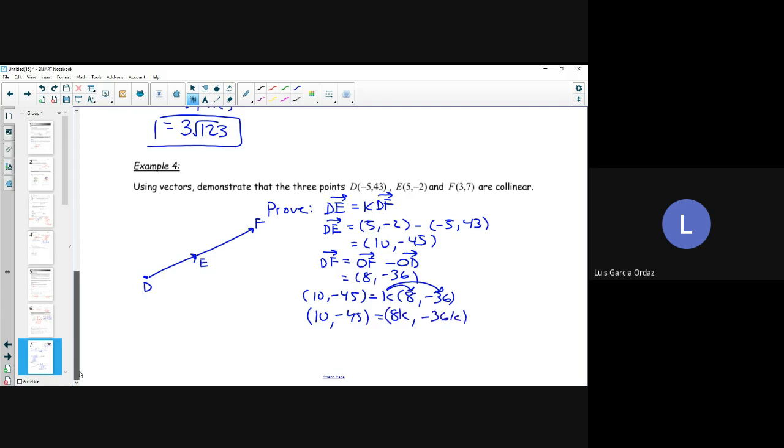So now what we're going to do is take each one as is. I'm going to do 10 is equal to 8k. If I simplify that, I get k is equal to 5 over 4. Now, in order for this to actually determine if it's collinear, negative 36k equal to negative 45 has to also give me 5 over 4.